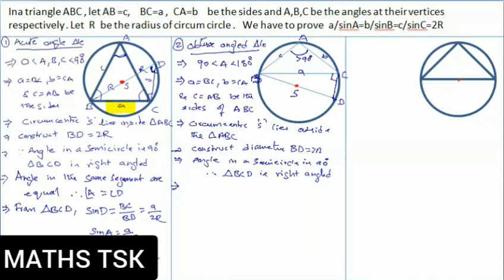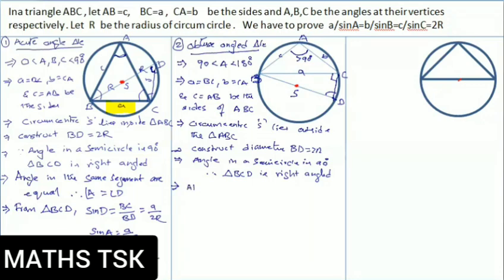Here ABDC is a cyclic quadrilateral. In a cyclic quadrilateral, the sum of opposite angles is 180 degrees, that is, supplementary.